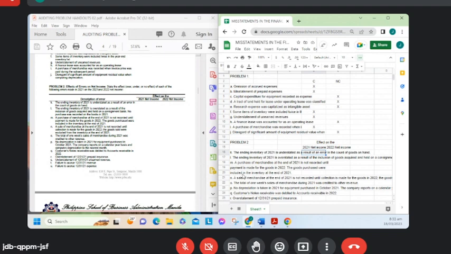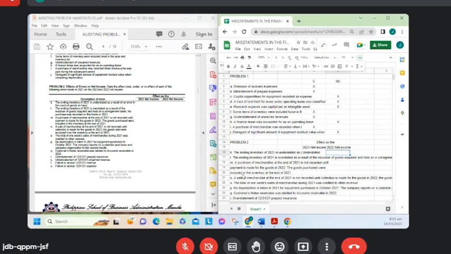So if the cost of sales is overstated, what's the impact on the net income? It means the net income will be understated as well. That's the net income in 2021, no? In 2022, what will be the effect?